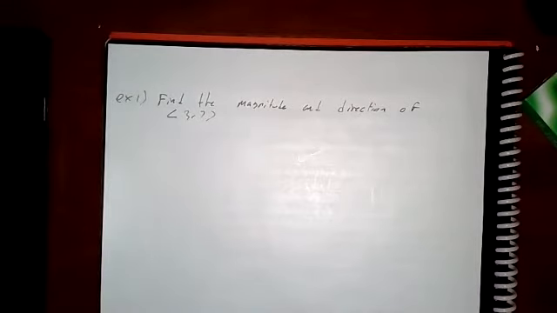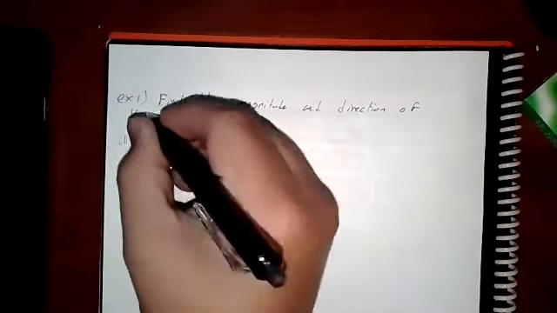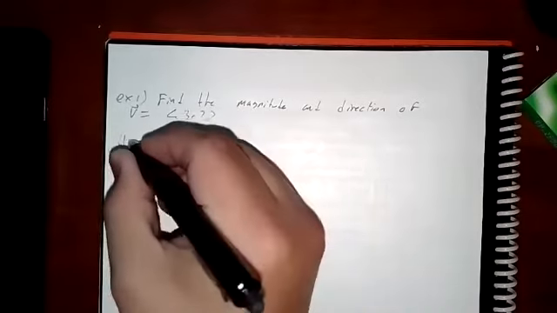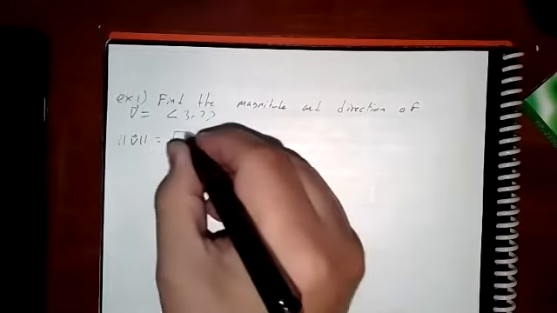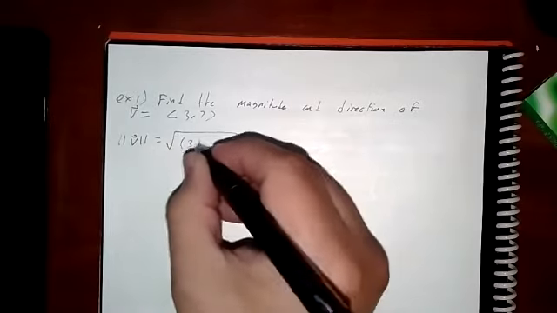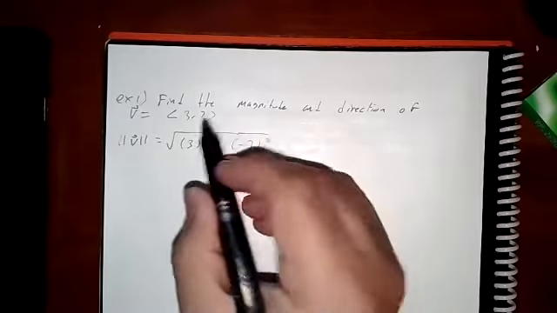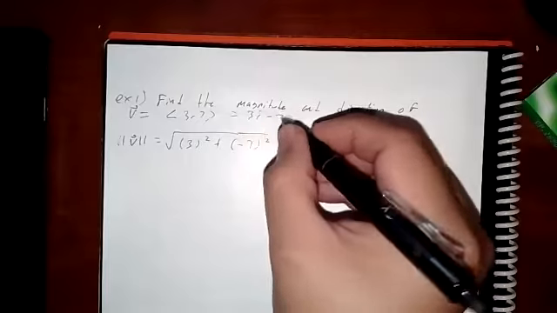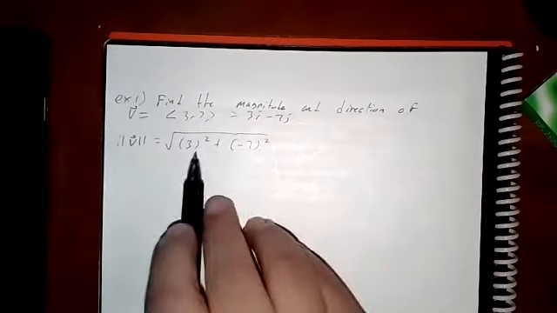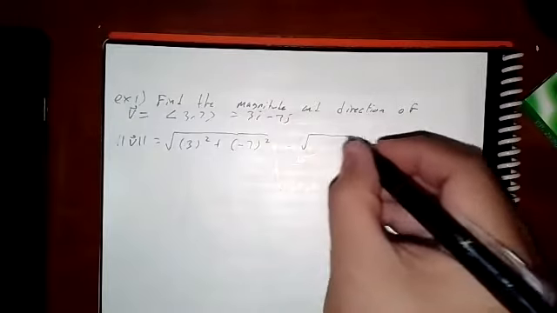So the formula for magnitude: if we call this V, put a little hat on it, the magnitude of V is going to be the square root of 3 squared plus negative 7 squared. So all you got to do is take the components. And if it was written this way, 3i minus 7j, you just take the numbers, square them, and add them together. Nothing crazy, nothing weird.